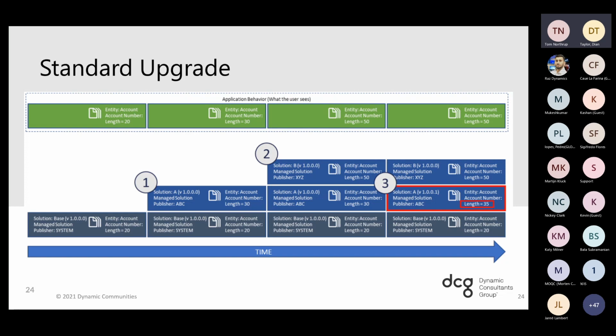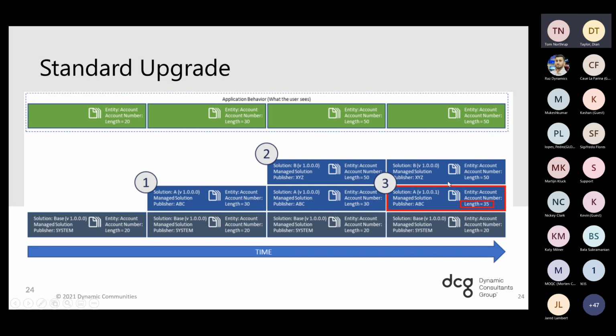When he imports that managed, or she imports that managed solution to the higher environment, it now becomes and replaces the previous version of that solution. So now length is 35 at this layer though.